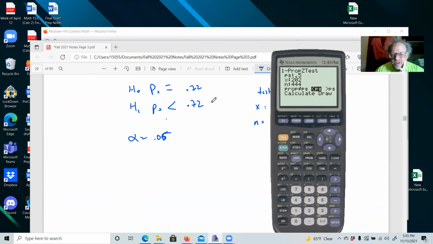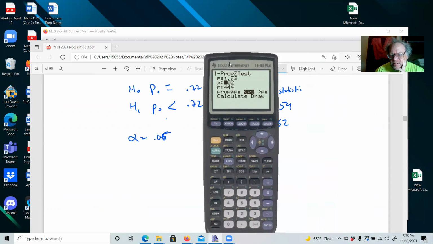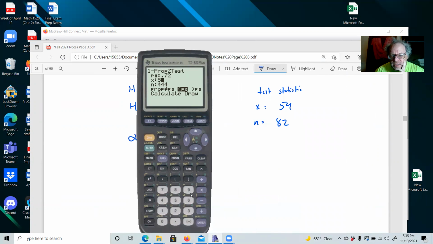So our P0 is 0.72. Our X in this case is 59. Sample size, 82. See, that first question, we never did any of that ever again.